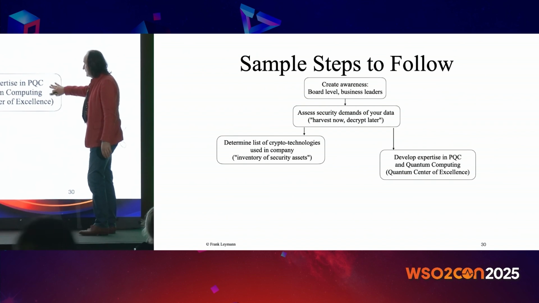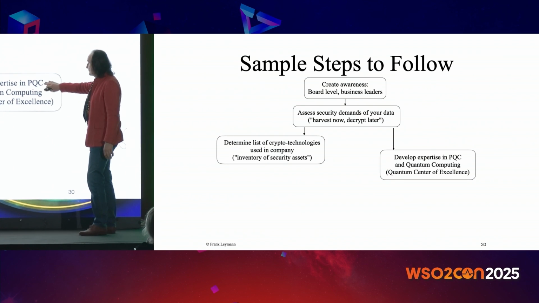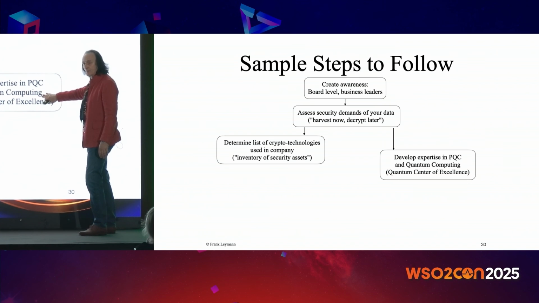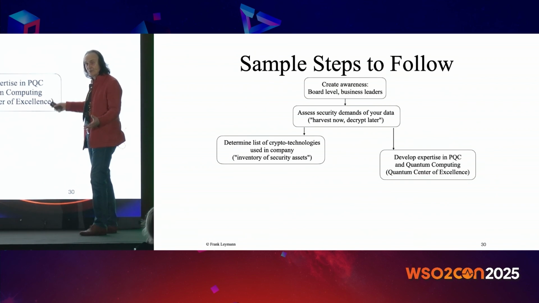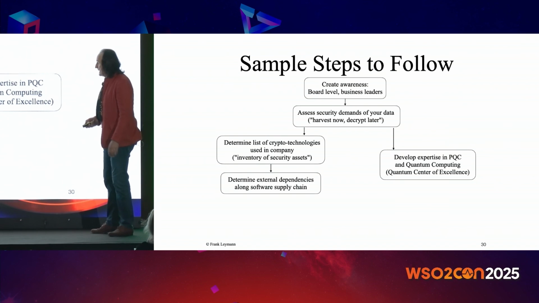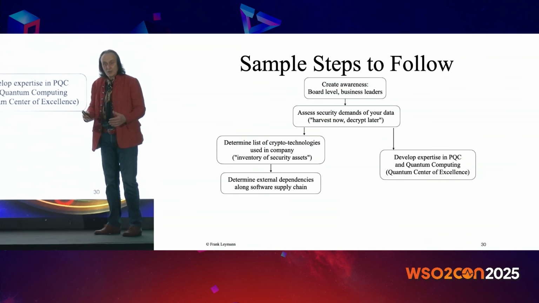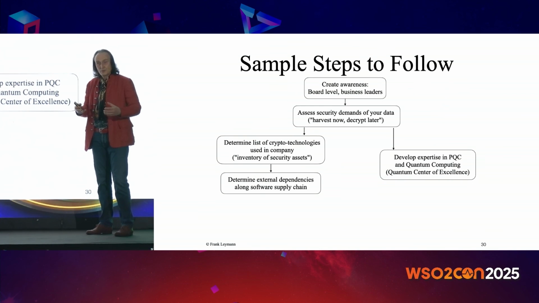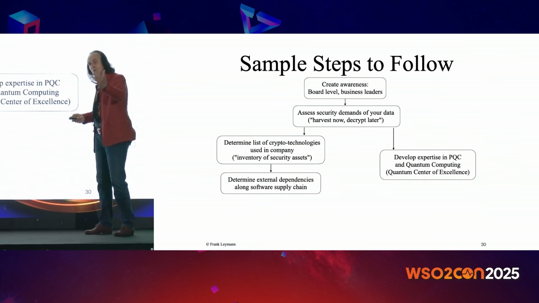In parallel, it is wise to build what some people call a quantum center of excellence. That means a bunch of people that are experts in post-quantum cryptography and quantum computing. Remember, this is deep mathematics, so you must have a special kind of skill. And you determine external dependencies. It's not only important what you do to keep data internal, but you have a whole supply chain of software that you use in your company.